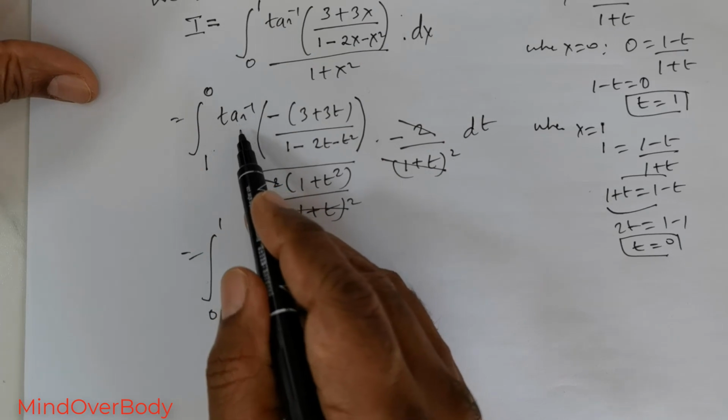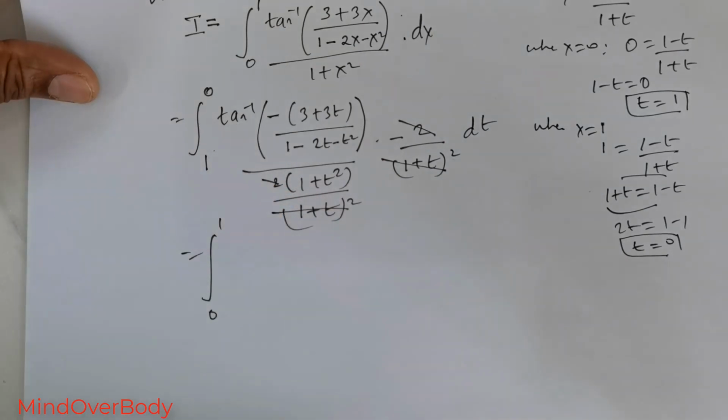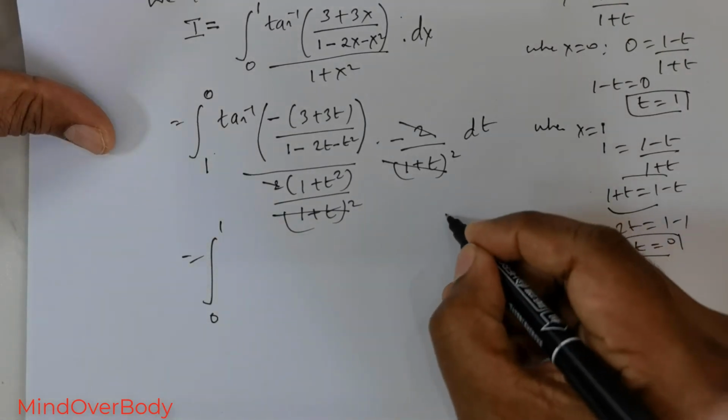Now tan inverse is odd. It's not even, it is odd. So what we can do is flip that up. So let me write that down.